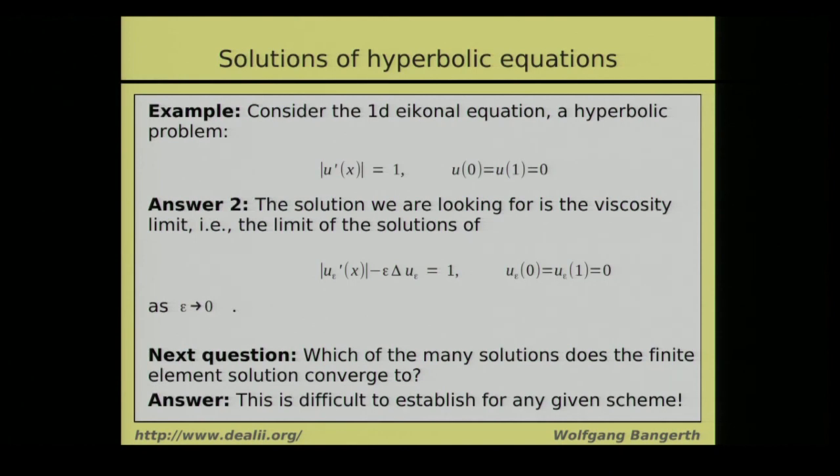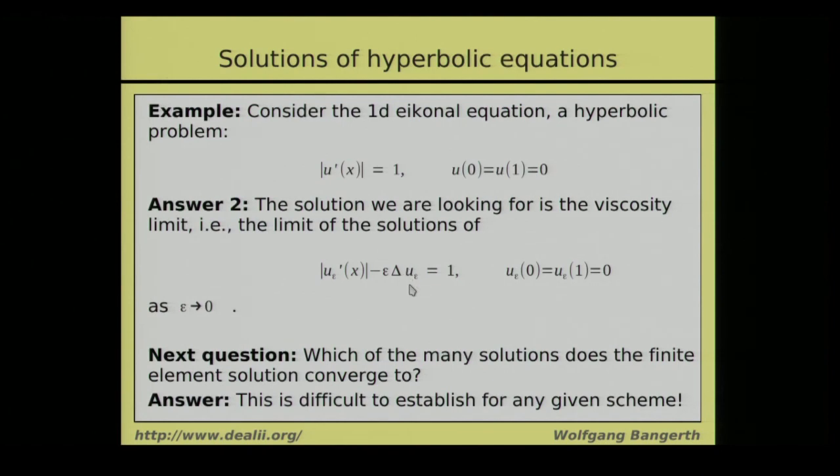Before we do this, I should point out the following. When we have this equation here, we get a solution u epsilon, and if we discretize this, we get a finite element solution. Now we know that these u epsilons converge to the viscosity solution, the physically correct solution of the original hyperbolic problem.